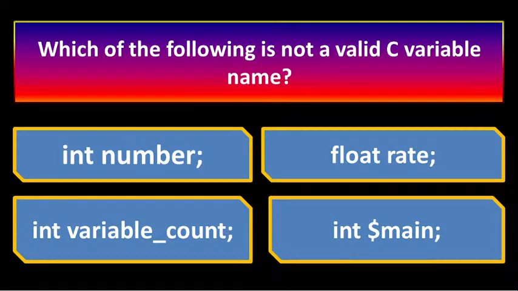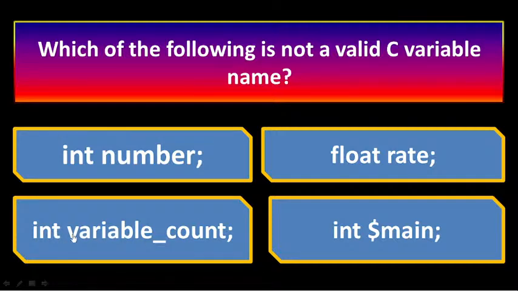D is the wrong answer, an invalid variable. The first option, int number, is correct; we can declare in this fashion, it is valid. Float rate is also a variable of type float, and every variable declaration is terminated with a semicolon. The third one is int variable_count. At the time of declaring a variable, we can use only one special symbol, called an underscore, and blank space is not allowed.